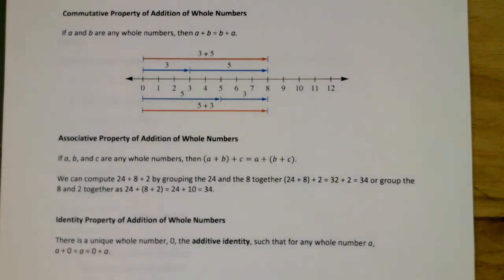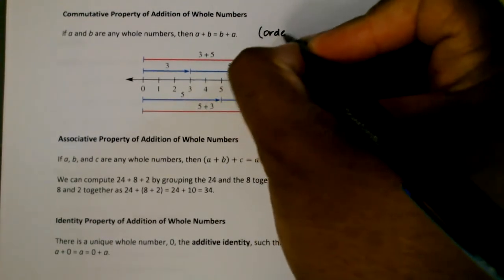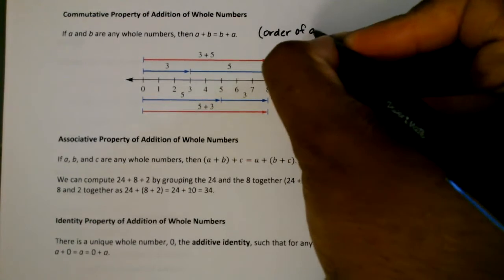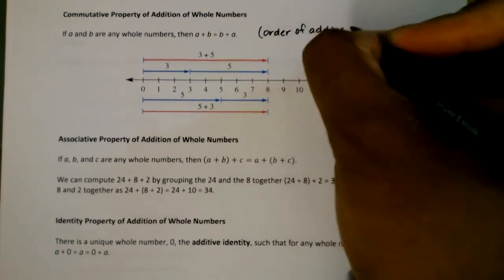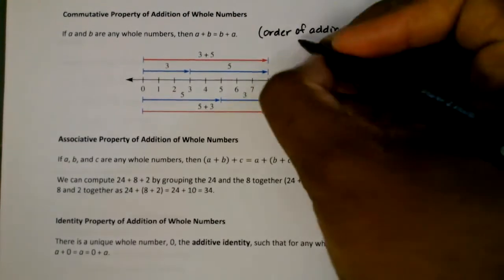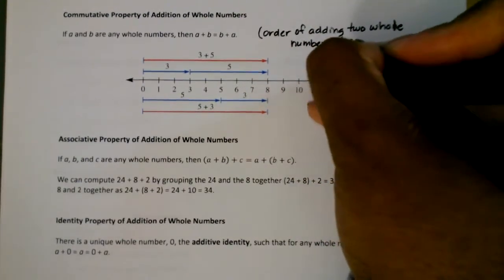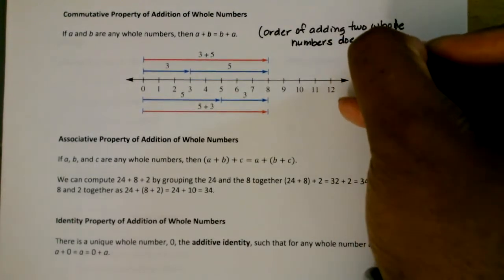If A and B are any whole numbers, then the sum of A plus B is equal to the sum of B plus A. What that means is that the order when you add the two numbers does not matter, because you're going to end up with the same sum.